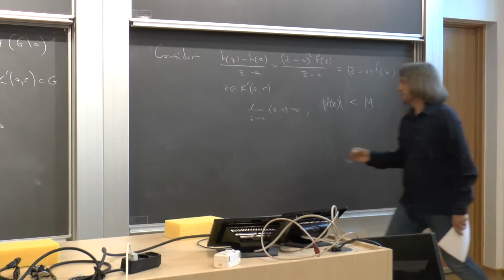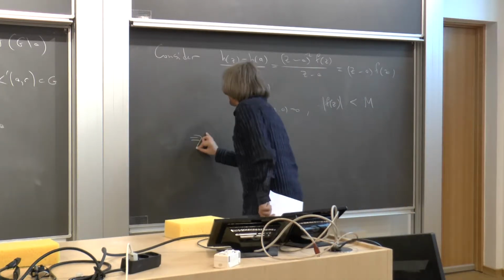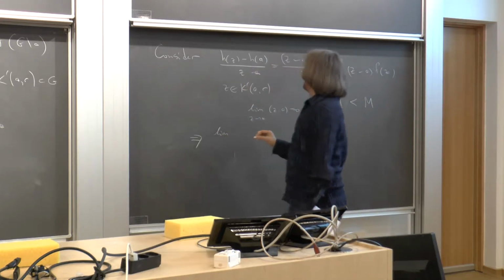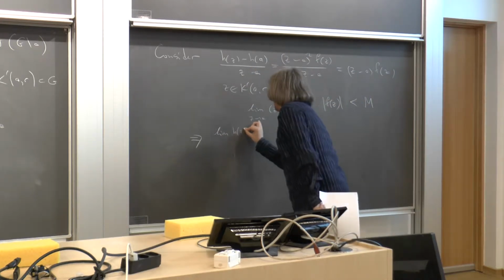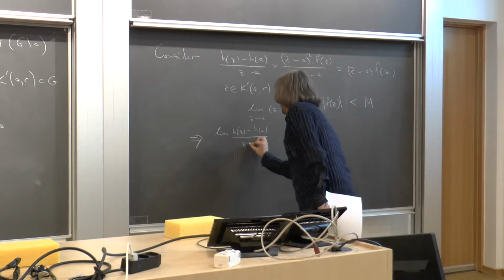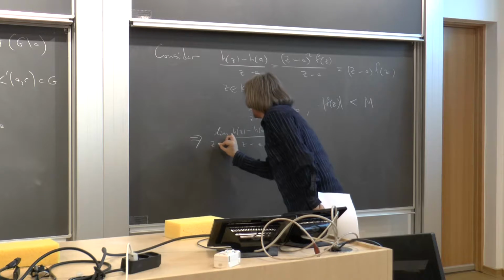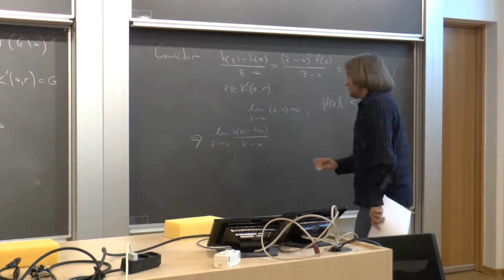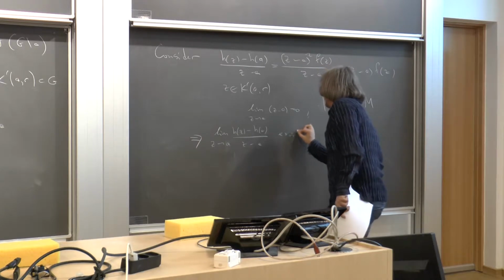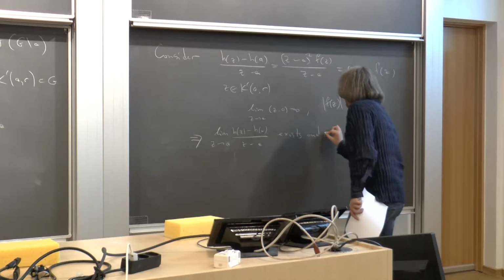So it follows that the limit of (h of z minus h of a) over (z minus a) as z tends to a exists and equals 0.